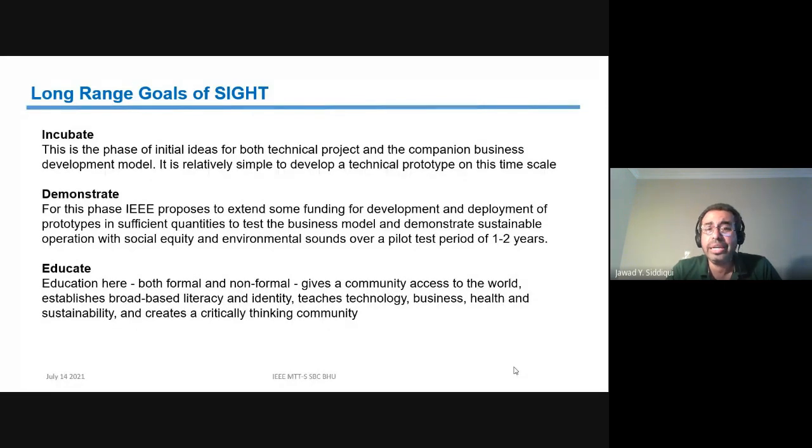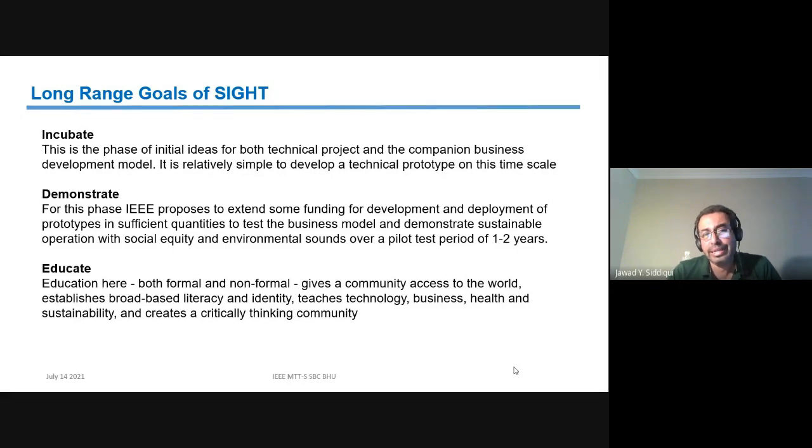Some of the long-range goals of this SIGHT chapter are, first, to incubate. This is the phase where initial ideas for both the technical project and the companion business development model are thought about and incubated. It's just like a startup, and it's relatively simple to develop a technical prototype on this time scale. Then you demonstrate. For this phase, IEEE provides extensive funding for development and deployment of prototypes in sufficient quantities to test a business model.